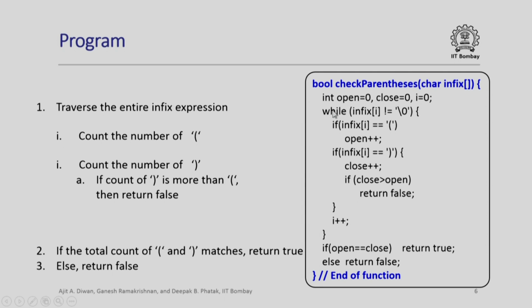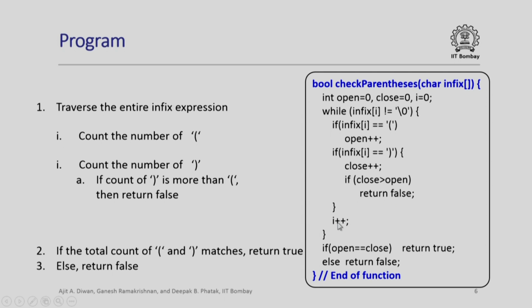It declares some temporary variables, and while there is a valid character in the input string, namely the infix ith element is not \0, which is the end of the string, I will examine if this is equal to opening parenthesis. If it is, I add 1 to the count of open. If it is closing parenthesis, I add 1 to the closing parenthesis count. If close is greater than open, then this is not valid and I will return false.